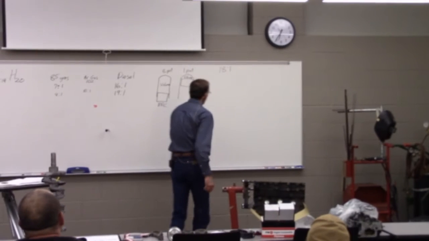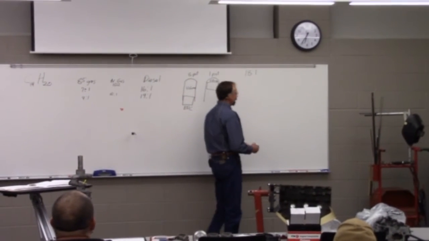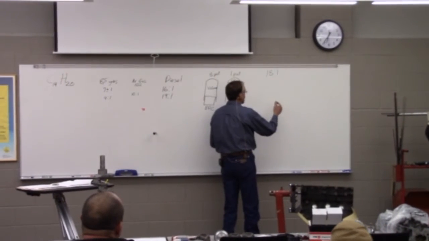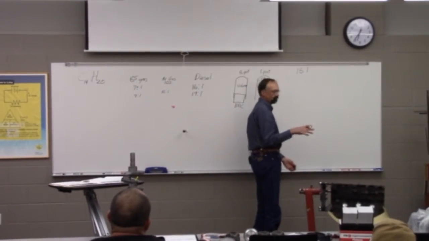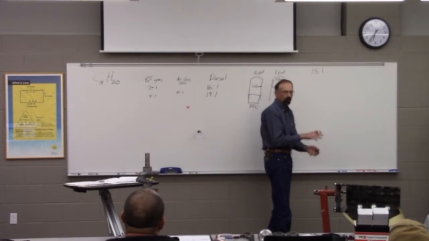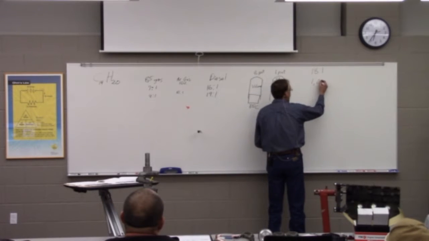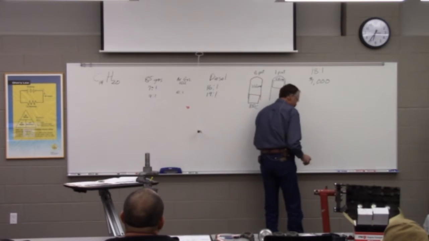But at 18:1 compression ratio, the common temperature at, and this is actually at 800 RPMs, because the faster you do it, the more that changes too. It's right at 1,000 degrees. I don't know why they put a dollar symbol there.